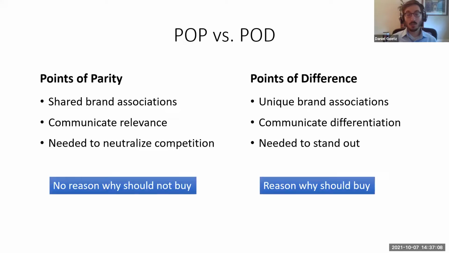Essentially, points of parity say there's no reason why you shouldn't buy this product. In other words, this product does what any product in this category would be expected to do. The points of difference are, what does it do a little bit better?